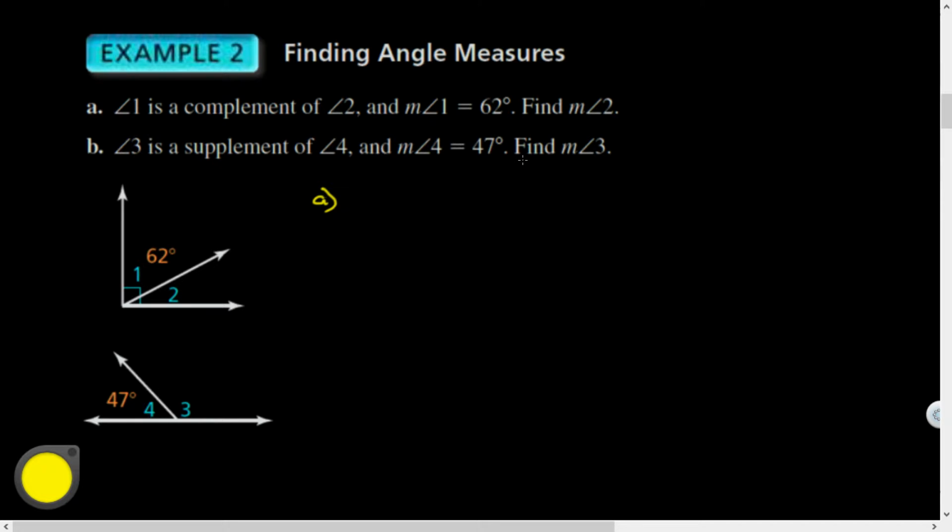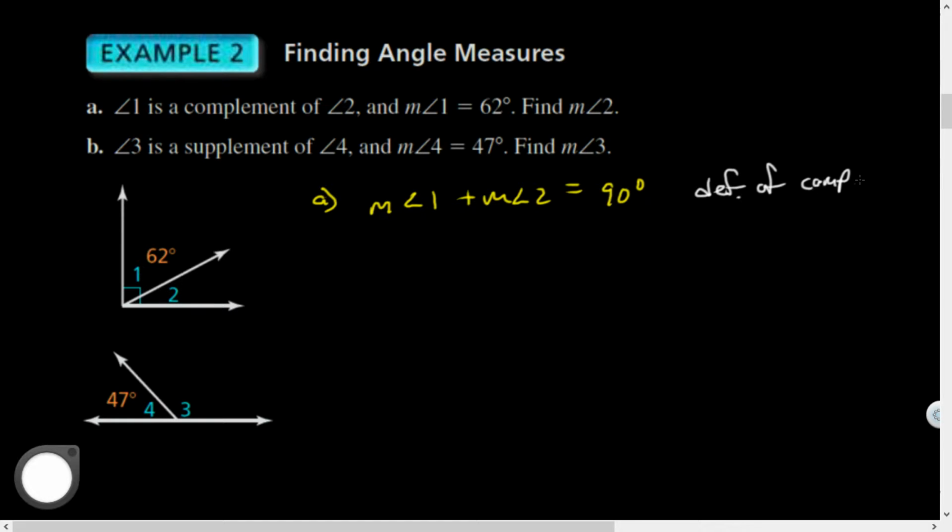Now we're going to do this, and I'm also going to justify this along the way. So check this out. I'm going to say, measure of angle 1 plus measure of angle 2 is equal to what now? 90 degrees. Why is that true? Def of comp.